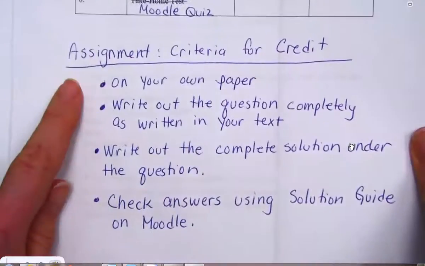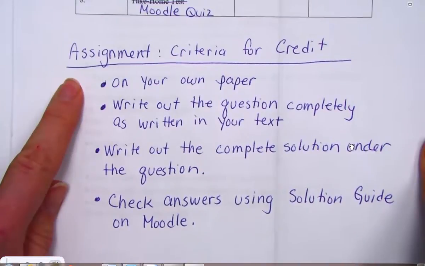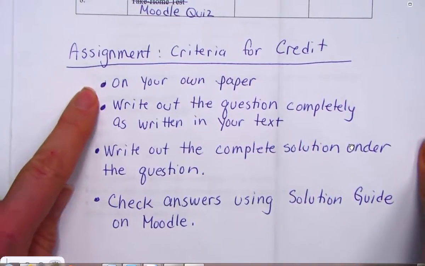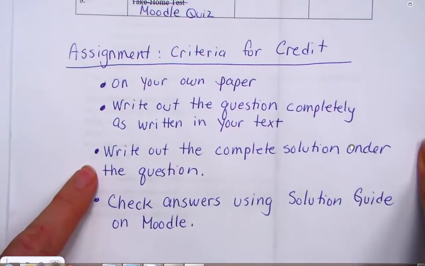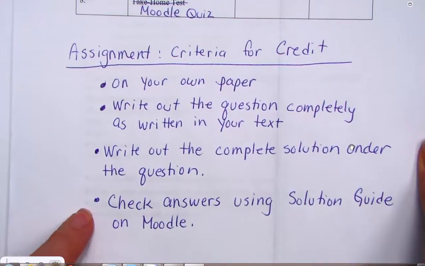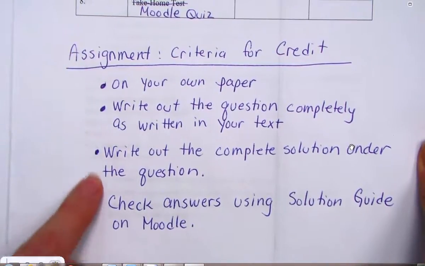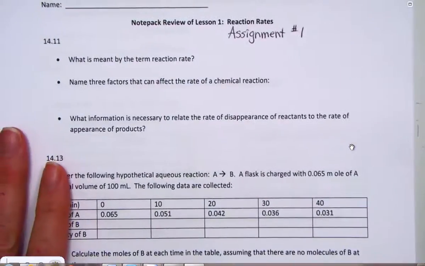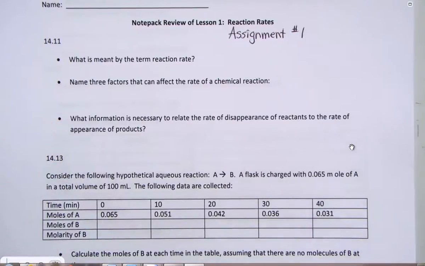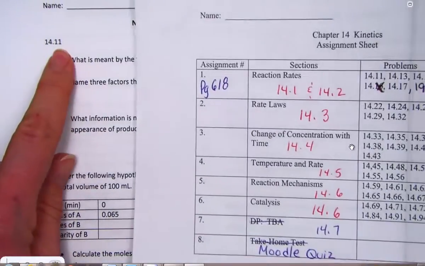Then you notice down here the assignment criteria for credit, and I said on your own paper, writing out the question completely, working your answer underneath to the correct solution. But friends, what I wanted to do was save you a little bit of time, and so what I've done for you is provided in some of those handouts from the previous day that already typed out. So number 11, I already typed it out.